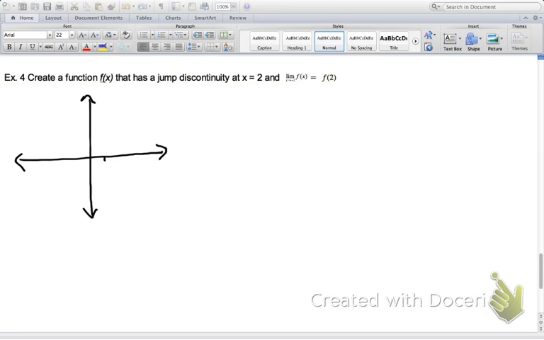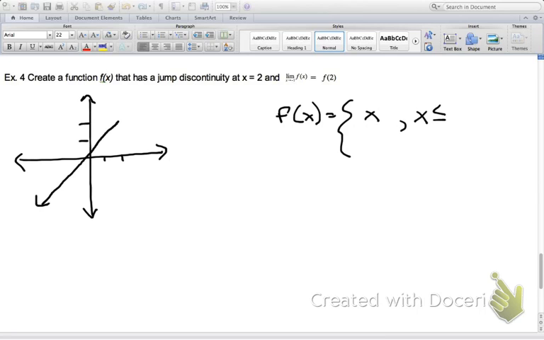So if we're looking at when x is equal to 2, I'm going to have a linear function of x. So my function f at x, I'd have x for when x is less than or equal to 2.